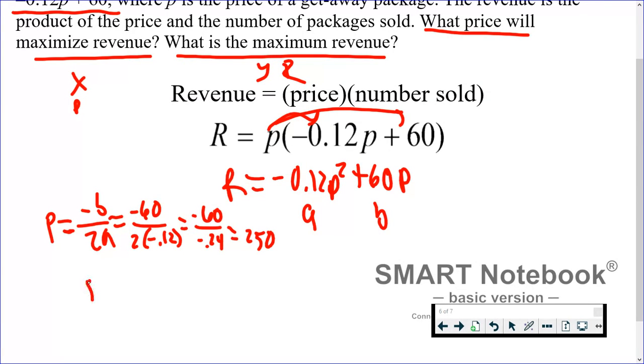The revenue that they're going to generate by setting that price, we're going to find by substituting that 250 in for P in the function that we found.